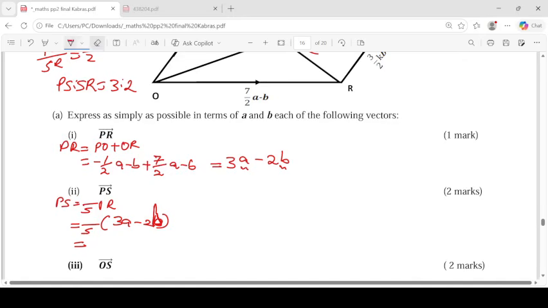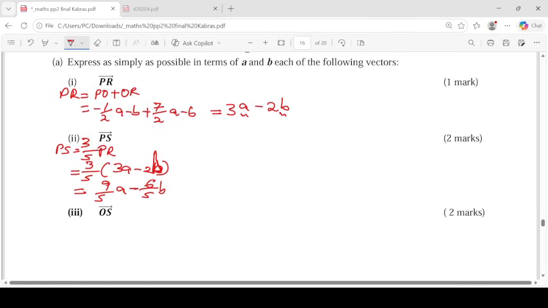So 3 over 5 of this will be 9 over 5A minus 6 over 5B.